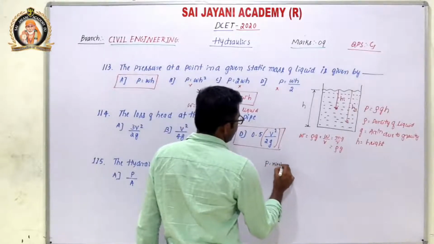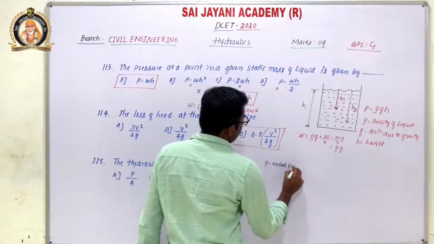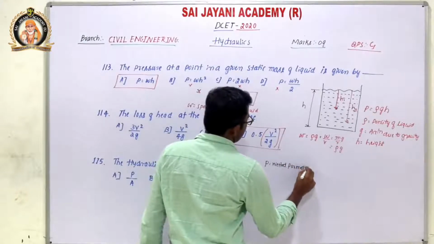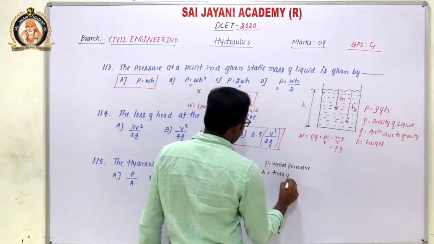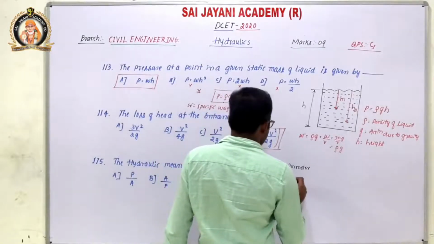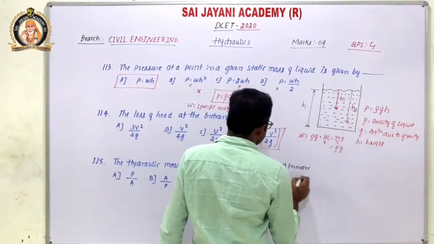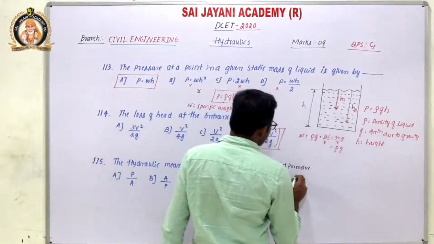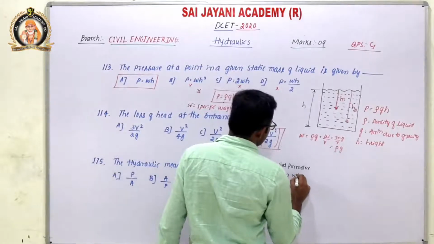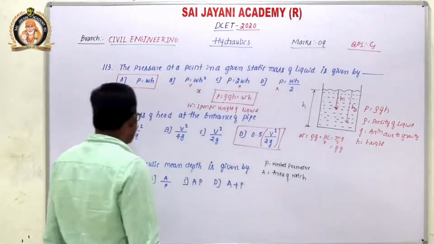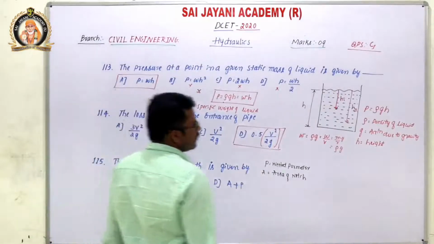So P is the wetted perimeter and A is the area of channel. So what is hydraulic mean depth?